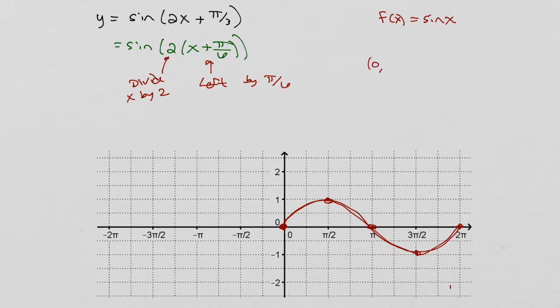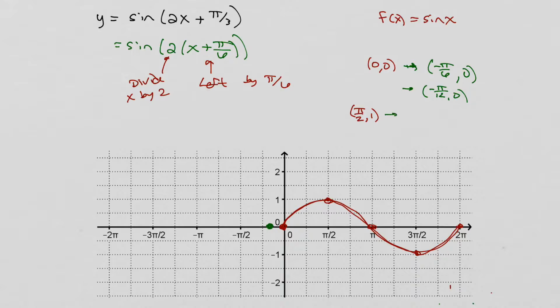And this point 0, 0, it's going to become, well, if we move it left by pi over 6, that'll be negative pi over 6 comma 0. And then if I divide that by 2, that's, let's see, negative pi over 12 comma 0. The original point, pi over 2 comma 1.